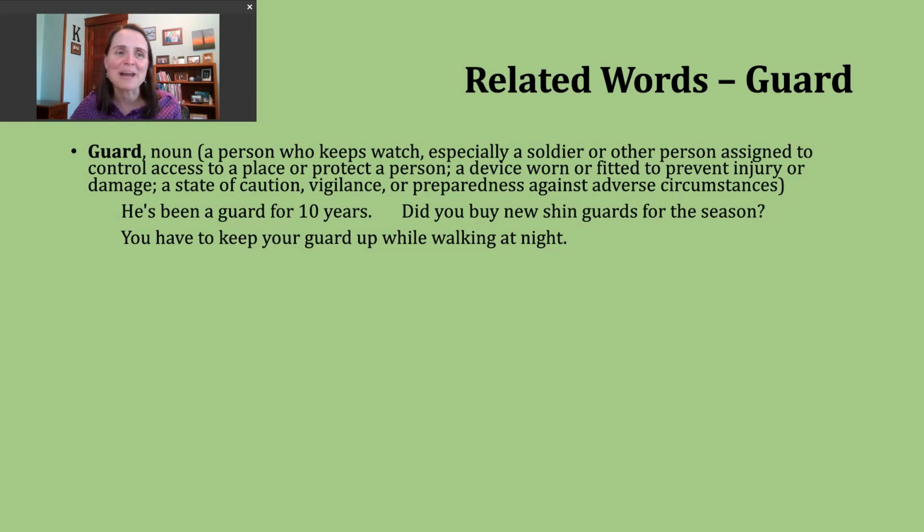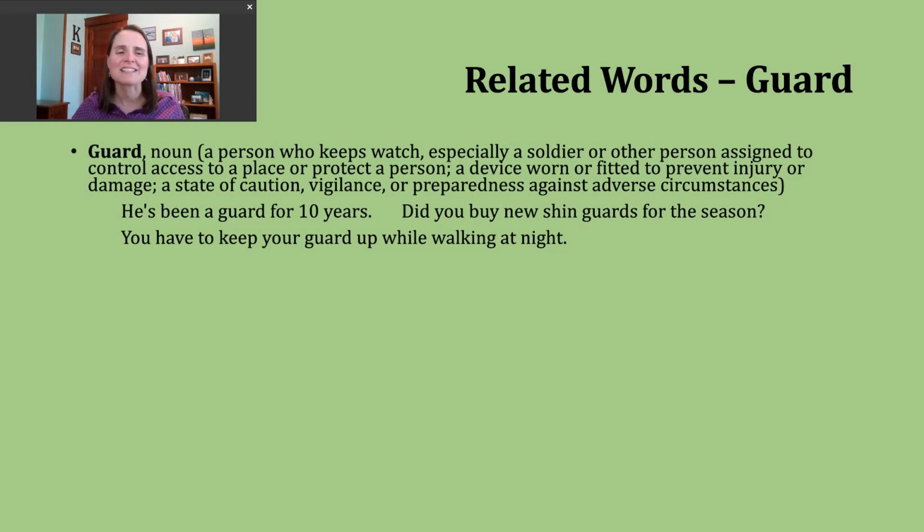Now, a third way to use the noun guard is to talk about a state of caution or maybe a state of preparedness where you're trying to prevent something bad from happening, or you're trying to maybe prevent some bad situations, bad events.